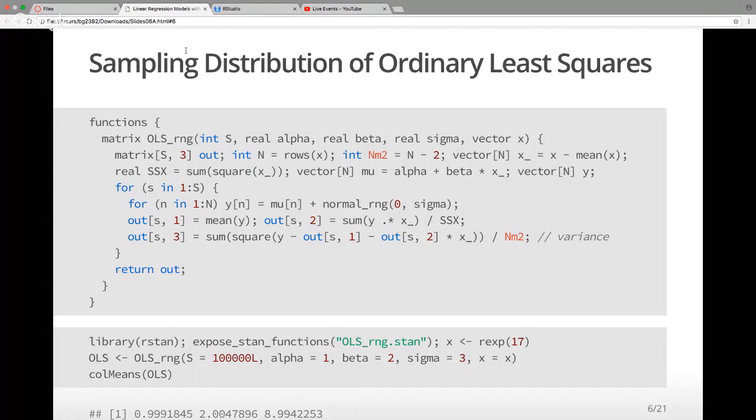This OLS estimator is unbiased. We gave it a value alpha equal 1, beta equal 2, sigma equal 3. We got back 1, 2, and 9, but the third column here is a variance rather than a standard deviation, so this should be 3 squared or 9. And so the OLS estimator is an unbiased estimator across realizations of y, so across data sets with y in it.